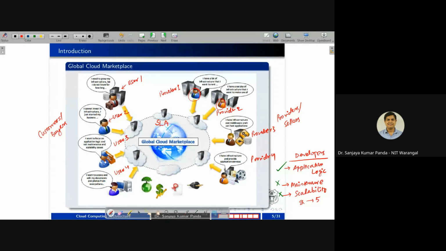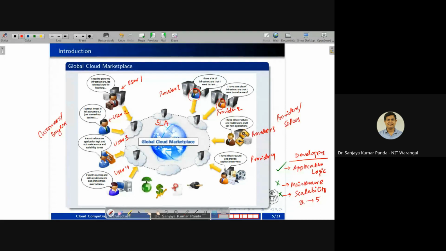SLA is an agreement between the buyer and seller, or you can say customer and provider. They agree to certain terms and conditions, because at a later point of time, if things are not working, the buyer can claim or the seller can also claim. If some harmful things happen, like the resources are damaged, or some virus came, the provider is also going to claim.